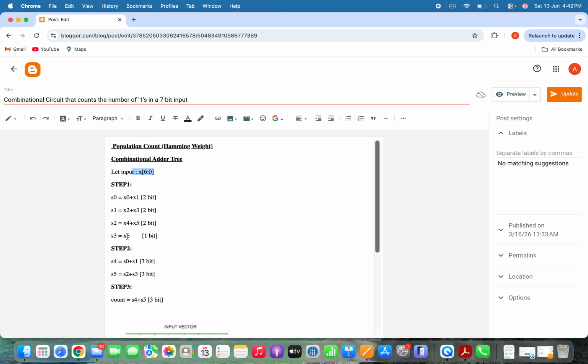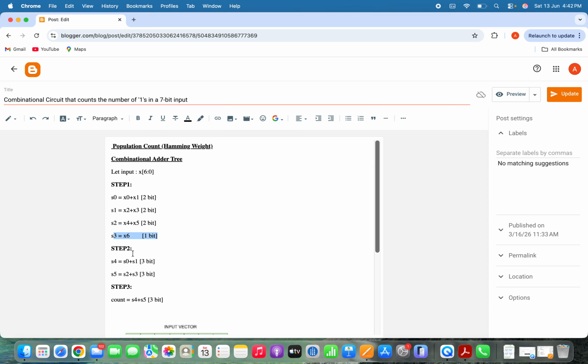Since adding two 1-bit numbers can produce a value from 0 to 2, the outputs S0, S1 and S2 require 2 bits. The signal S3 contains only x6 and therefore remains a 1-bit value. At the end of step 1, we have reduced 7 input bits into 4 partial counts.